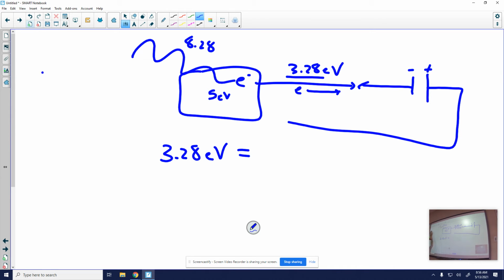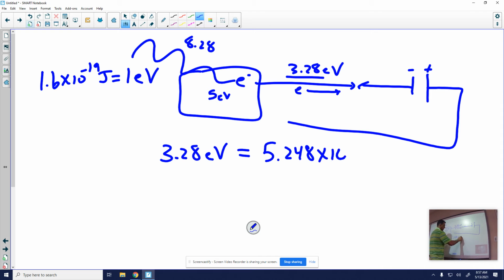Remember that 1.6 times 10 to the negative 19 joules is equal to 1 electron volt. So if I had 3.28 electron volts, then I have 5.248 times 10 to the negative 19 joules of energy.